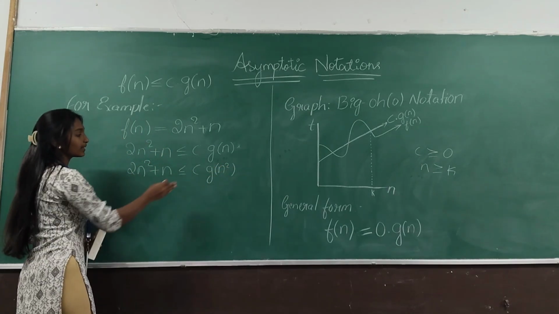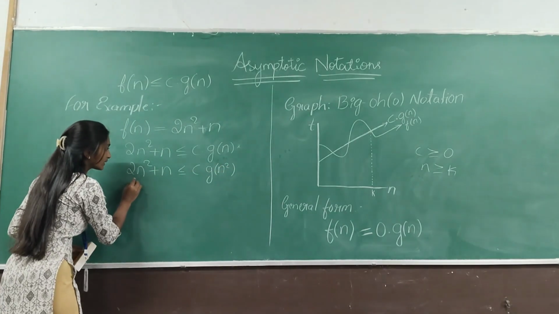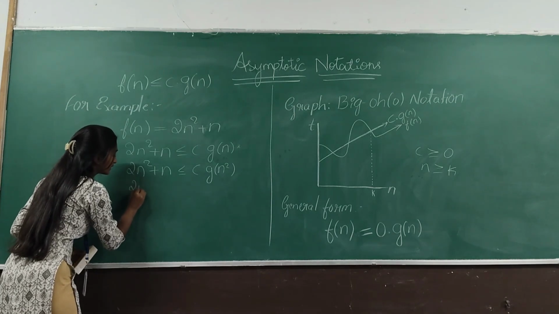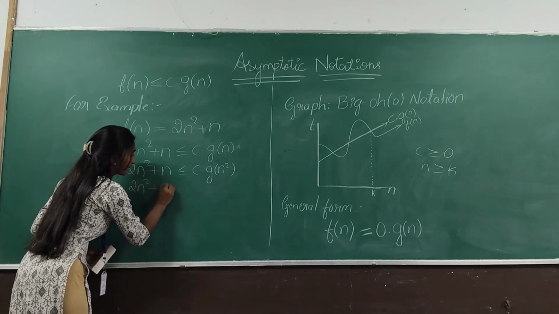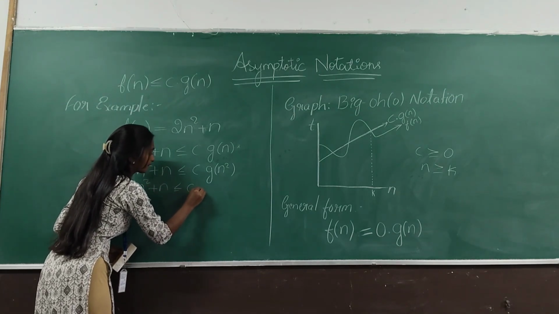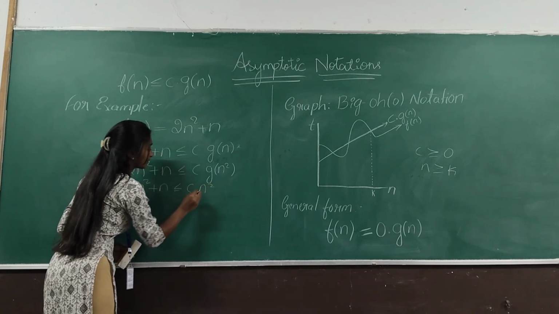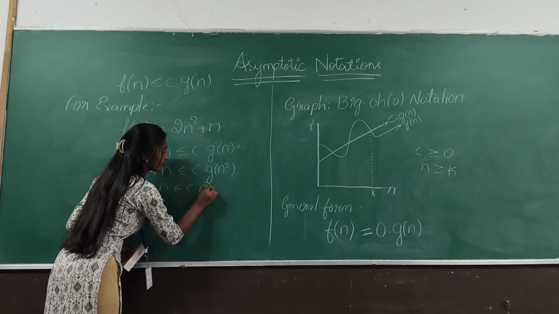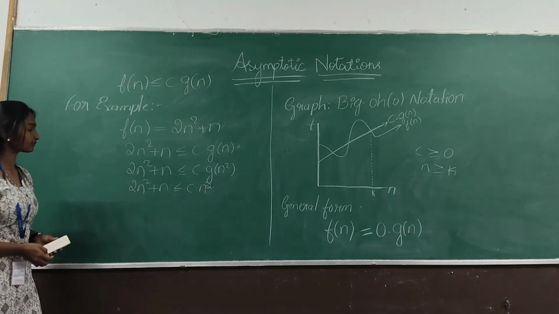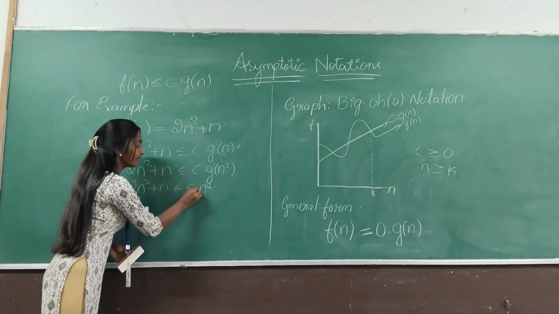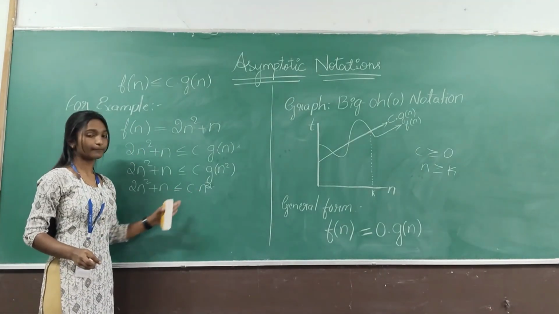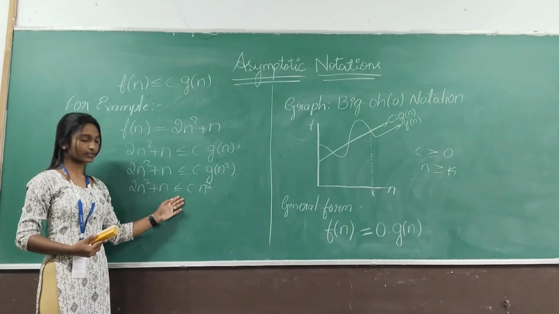By removing the symbol g, we get the equation like this. Now, by giving values to c, we get the final equation.